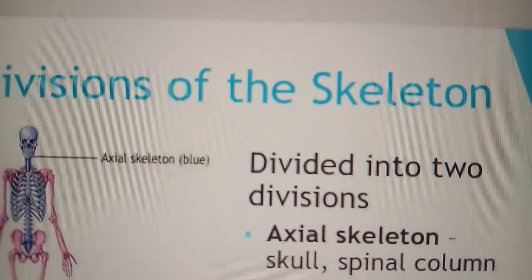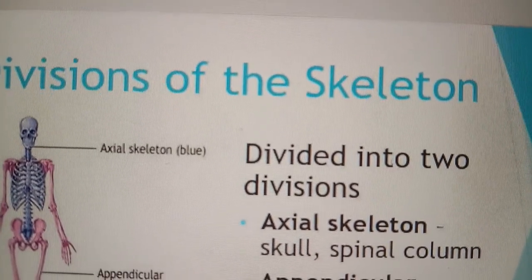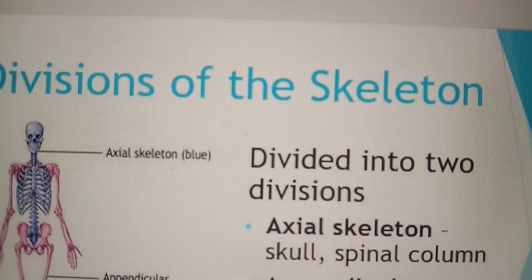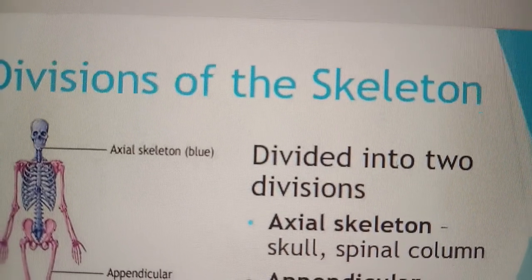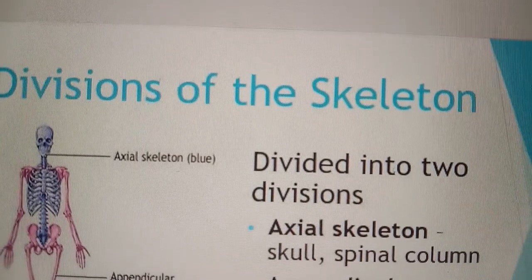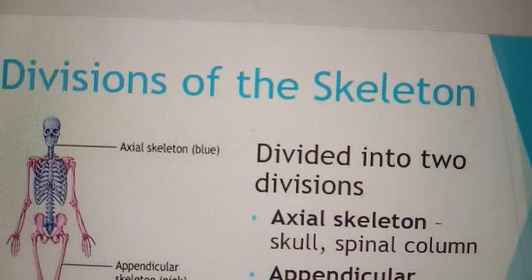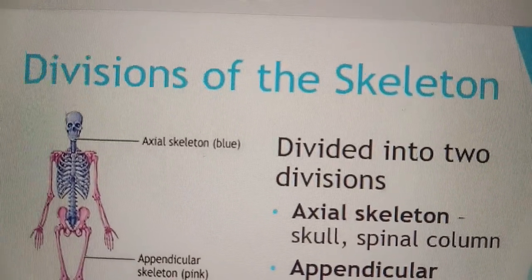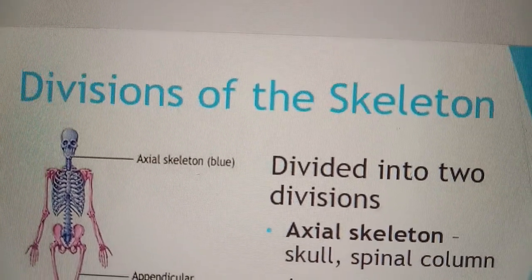So, the skull, the cranium and facial bones, the hyoid bone, which anchors the tongue and muscles associated with swallowing, and of course, the vertebral column or the vertebrae and discs, and the bony thorax, ribs, and the sternum. So that's the axial.